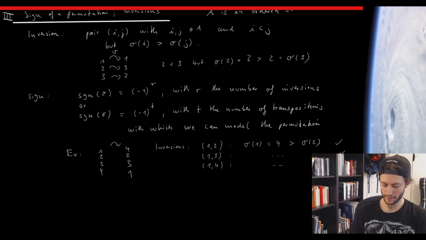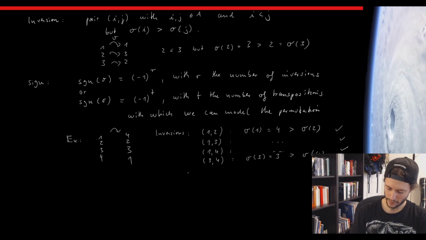1, 4. Then there's also 3, 4. Sigma of 3 equals 3, greater than sigma of 4, which is 1. I hope I didn't forget anything. Well, that's it. Okay, 4 inversions.